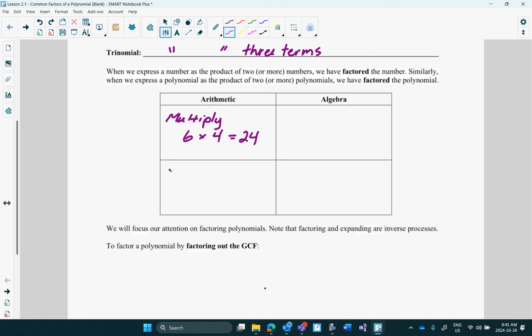So if I were to factor 24, it could equal 6 times 4, and actually it could equal other things too, couldn't it? 8 times 3, 12 times 2, 24 times 1. So when you factor something, you're breaking it up into what multiplies to get what you're factoring. If I asked you to factor 36, you're breaking it up into numbers that multiply to 36. It could be more than 2, so like 9 times 4, or 9 times 2 times 2.